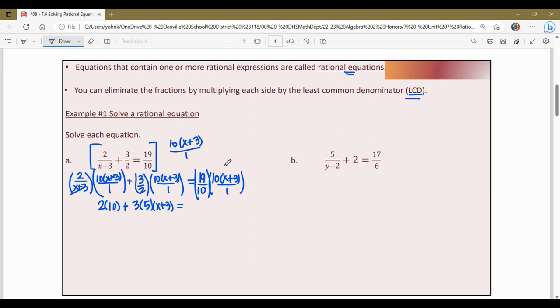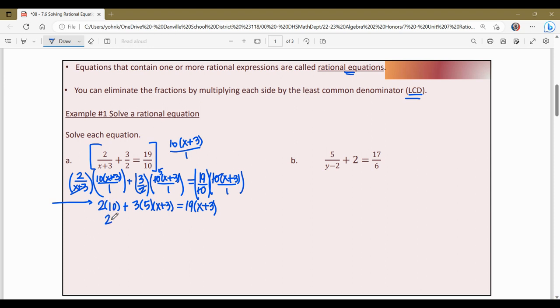When I distribute on the right-hand side, my 10s simplify away, and I have a 19 and an x plus 3. So what I essentially did is write out what we were going to be able to simplify so that you could actually visualize each term being multiplied. A lot of you might be able to start down here where you're simplifying it away in your head. Your choice. All right, now we just get to solve.